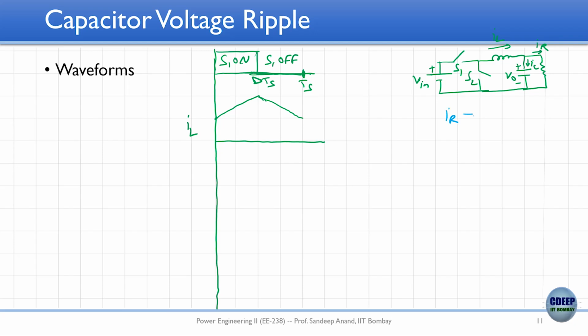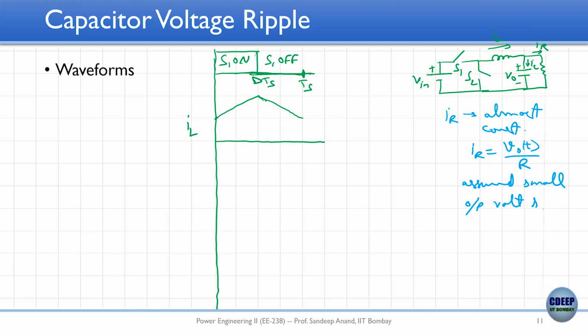IR will be almost constant because IR is nothing but equal to VO upon R, and since we have assumed small output voltage ripple.